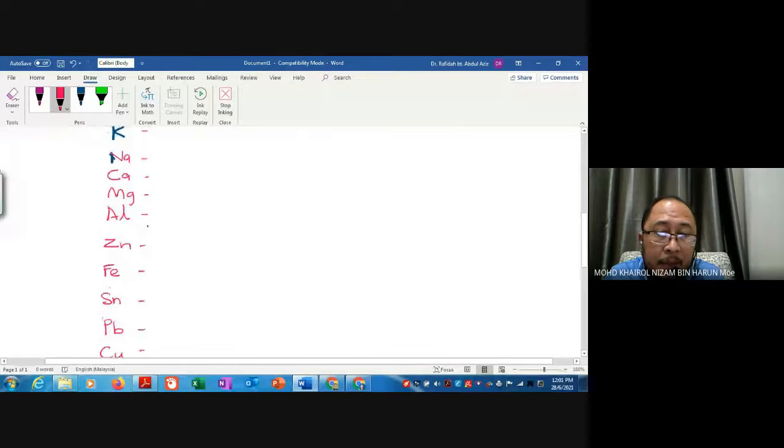So we have carbon here and we have hydrogen here. You have to remember carbon is between aluminium and zinc, and hydrogen between zinc and iron.